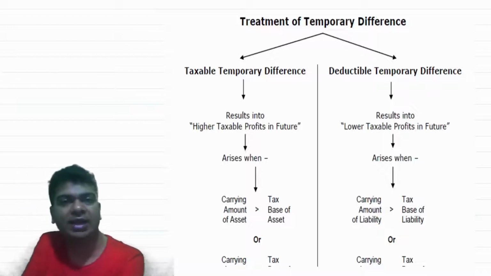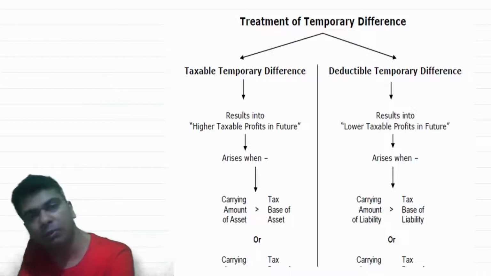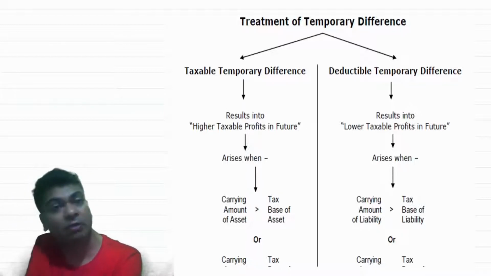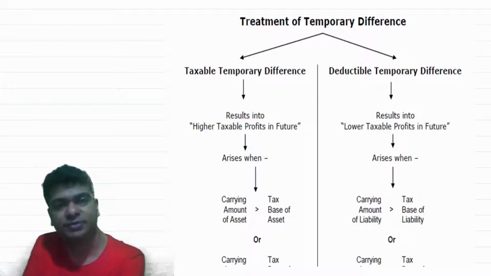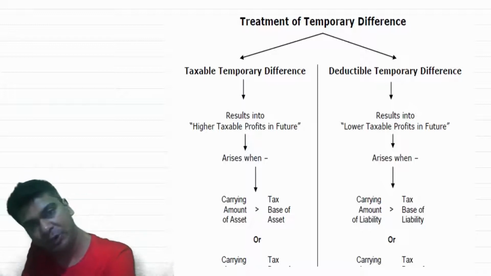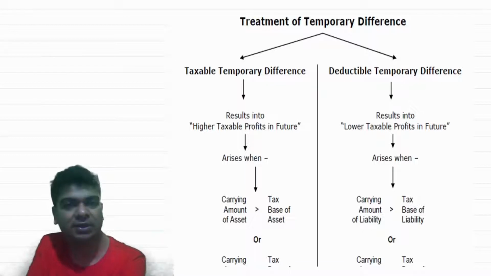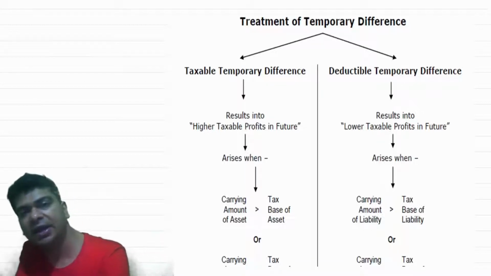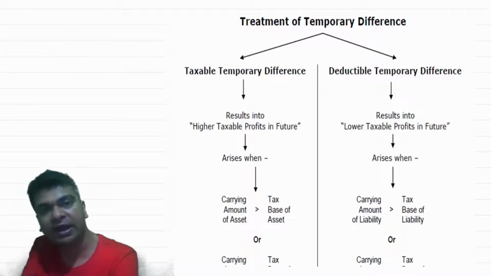See, when you have to recognize a liability, no problem. But the moment you say I want to recognize an asset, there will be certain checks and balances. This is nothing but the principle of prudence. And following the principle of prudence, certain conditions have been set. Certain criteria are given in Ind AS 12 for the purpose of recognition of deferred tax asset.